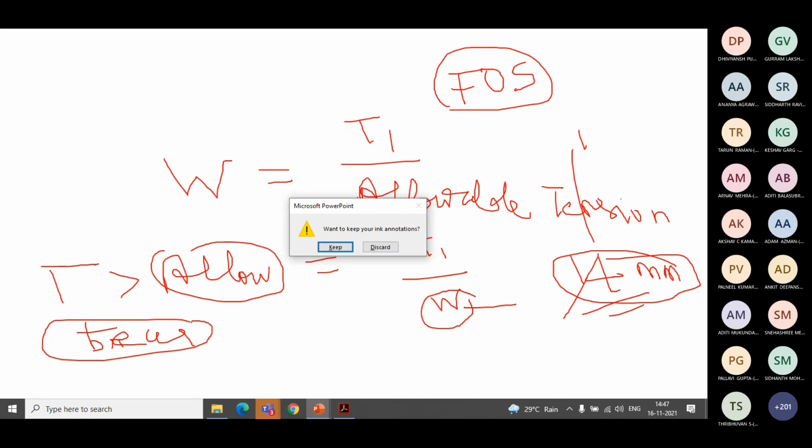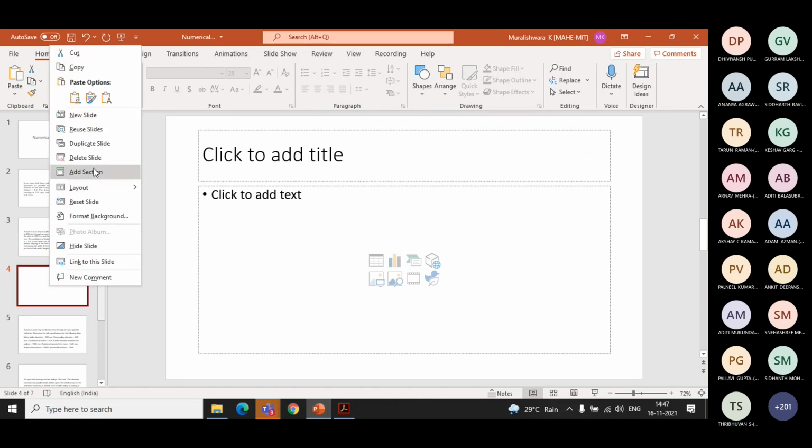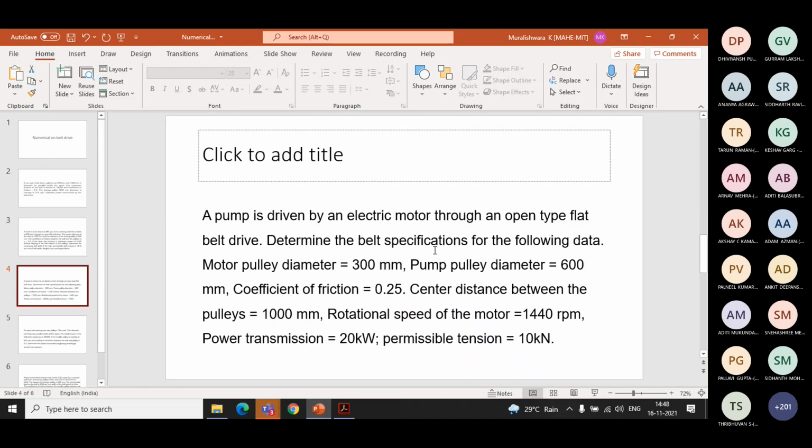If you use a greater width, there's no problem as far as the integrity of the material is concerned, but it will be over design. For a first year syllabus, you can conclude only this much. Is it clear? We will move on to the next problem.